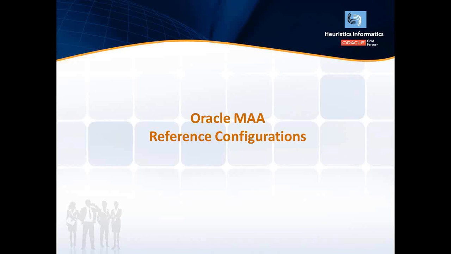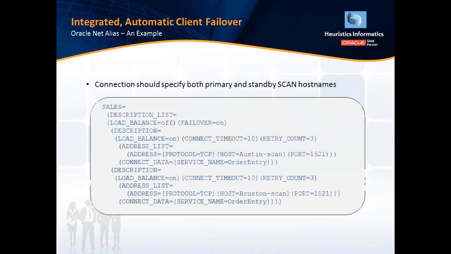This is typically how you would configure connection parameters or TNS names parameters on your client applications. As you can see, we've got multiple descriptions set up, first for the primary, which is the Austin SCAN, and then for the secondary, which is the Houston SCAN.